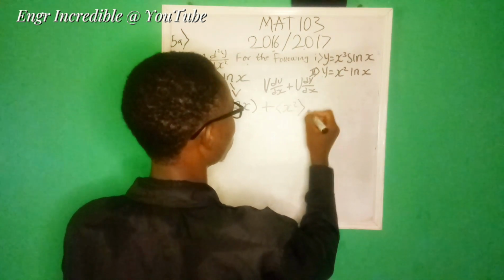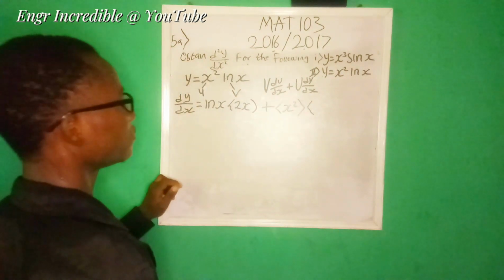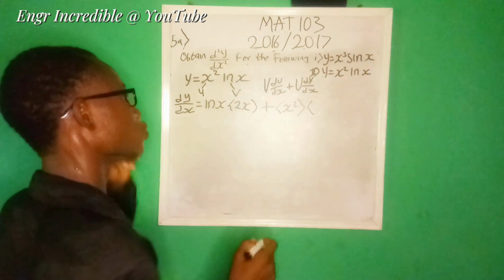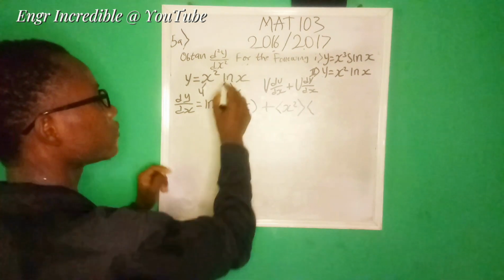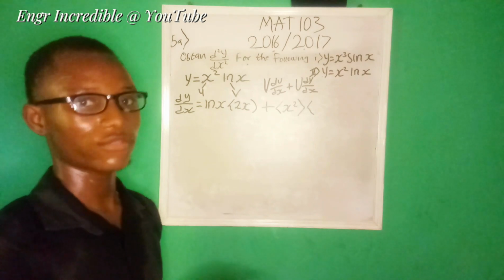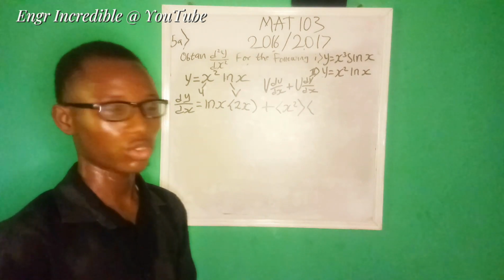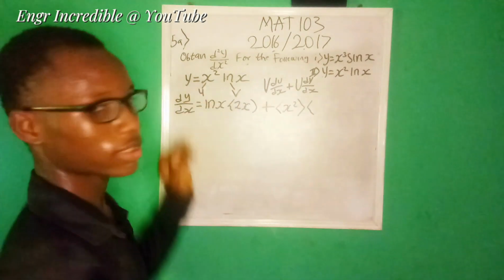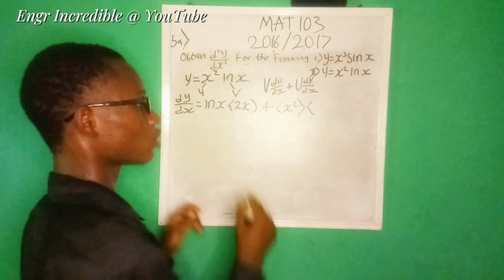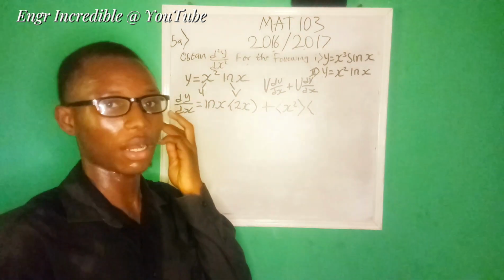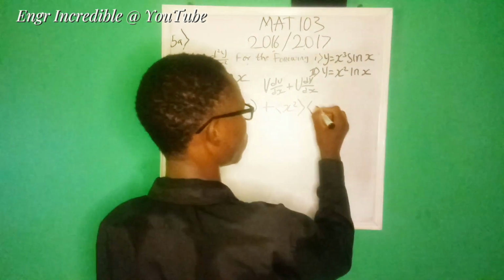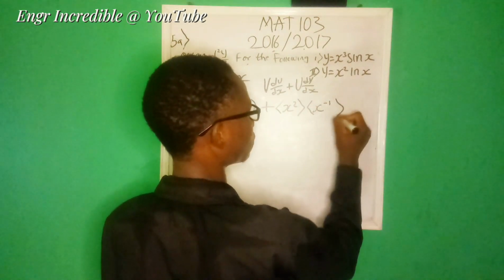x squared times what is our dv dx? Our v is equal to ln x. Therefore, if we differentiate ln x, it's going to give us 1 over x. Differentiation of ln x is equal to 1 over x, which can also be written as x raised to the power minus 1.